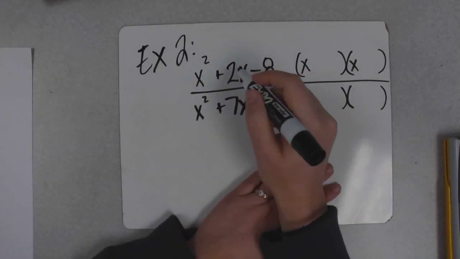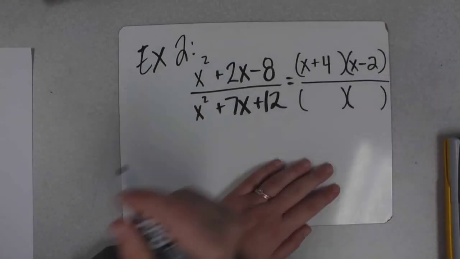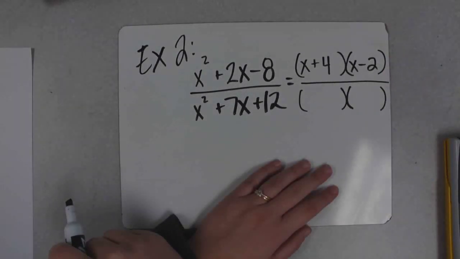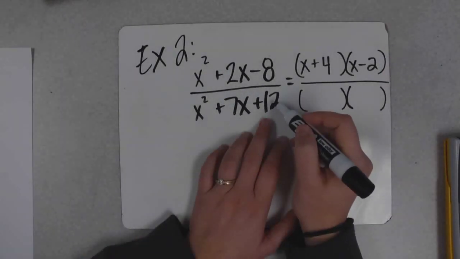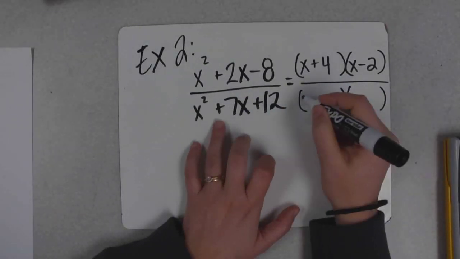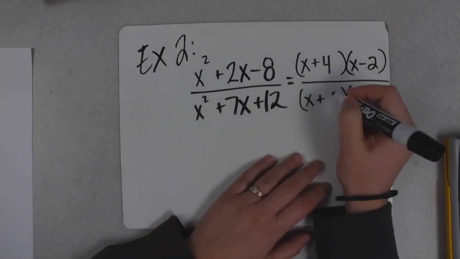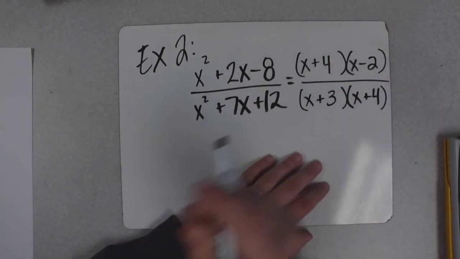Factors of 8 that add to 2 are a plus 4 and a minus 2. On the bottom, I'm looking for numbers that multiply to 12 and add to 7. These signs are plus plus, so I'm going to have a plus plus here, and that gives me 3 and 4.